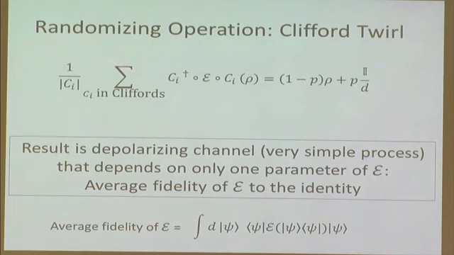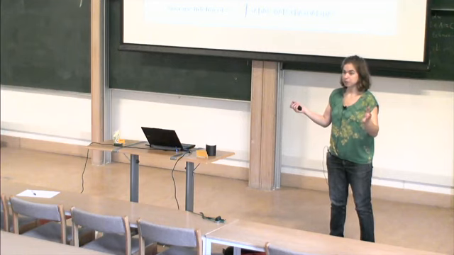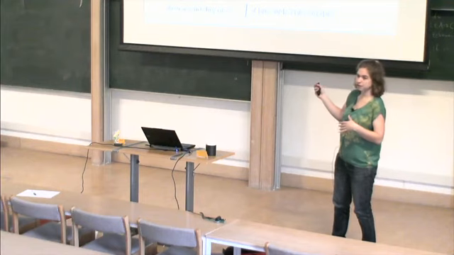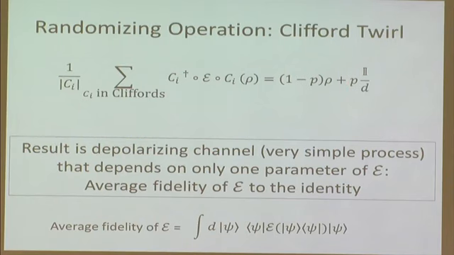And it has the effect of simplifying this very complicated process. E, I said, has an exponential number of parameters, and the twirl simplifies this complicated process into a depolarizing channel. A depolarizing channel is controlled by just a single parameter, p. This parameter p is related to the average fidelity, which is basically how well E preserves states on average.